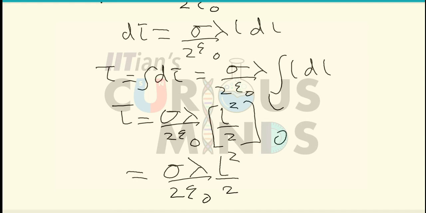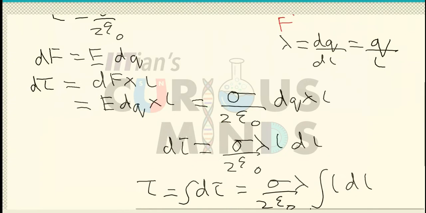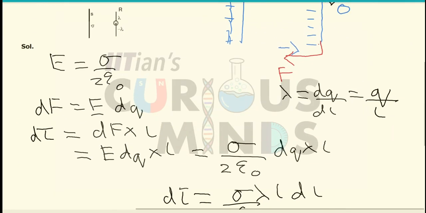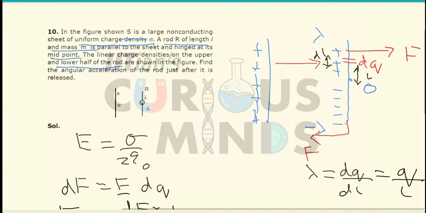Now this is the torque experienced by one end of the rod. Similarly, if I consider the torque experienced by the other end of the rod, it will be the same torque.